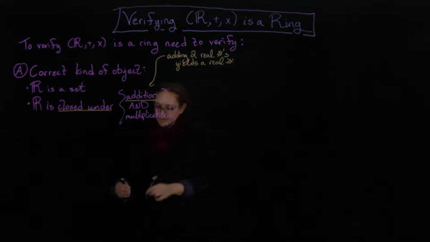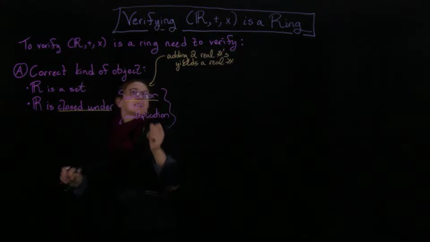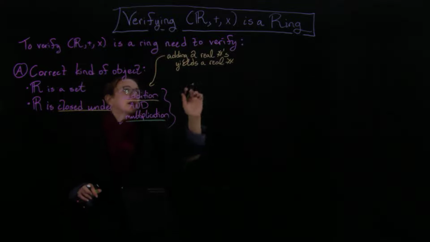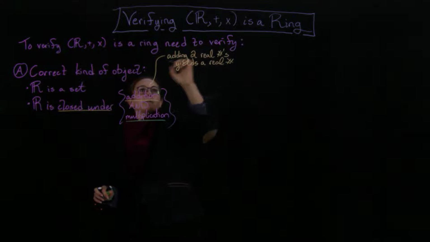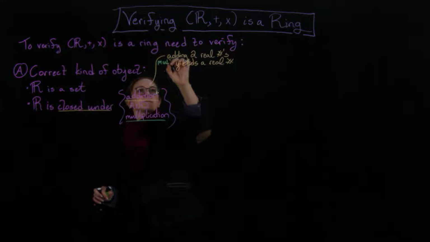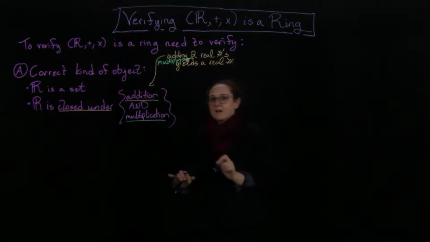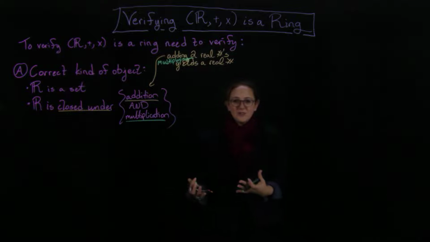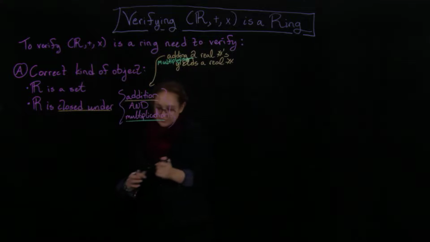Okay, and then you could guess, so for under multiplication, now it would be multiplying instead of adding. Okay, but you need to know that if your inputs are real, then your outputs are real. Okay, so that's kind of what this closure means here.